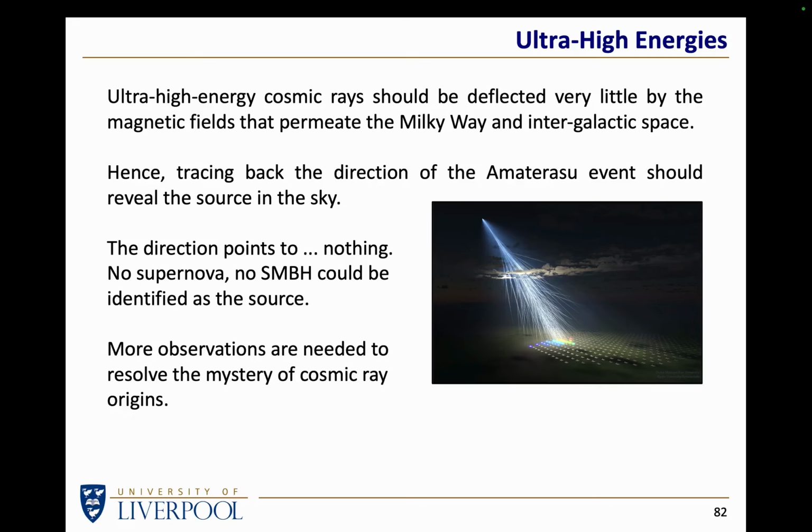The bottom line is we need more data. We need to run these observatories for longer to get more data to try and figure out, have we got the sources wrong, or are magnetic fields scrambling the paths of these particles to the point where we really don't know where they're coming from.